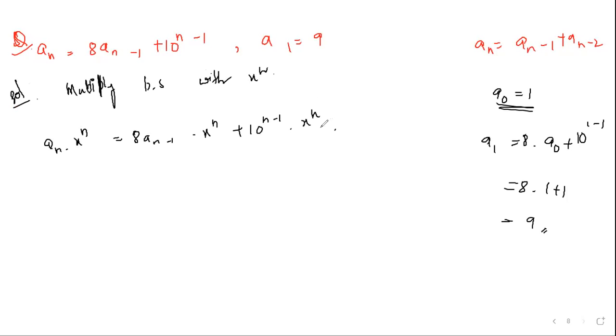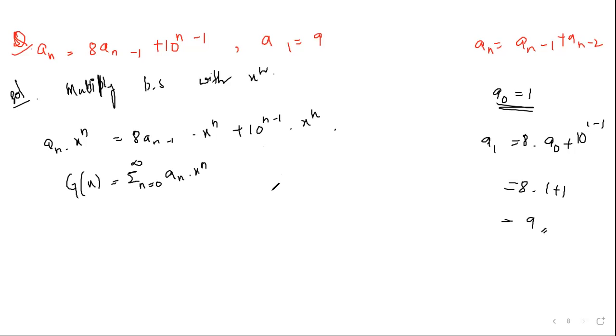Okay. Now, how is G(x) given? G(x) is given as the sum from n equal to 0 to infinity of a_n x^n, the generating function. So we get a_0, a_1, a_2 and so on, and we sum both sides of the equation by starting with 1.